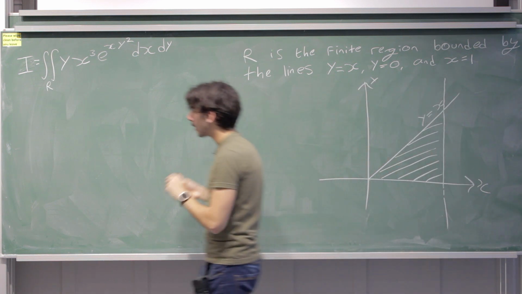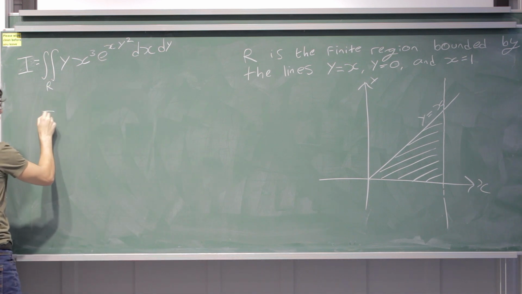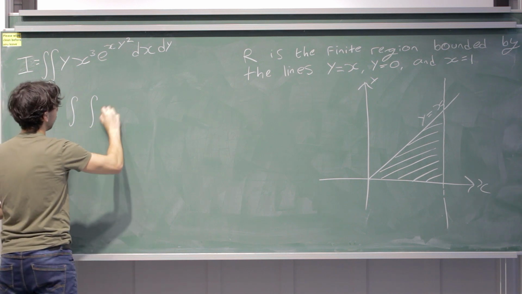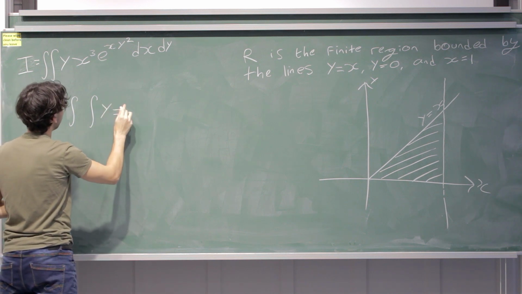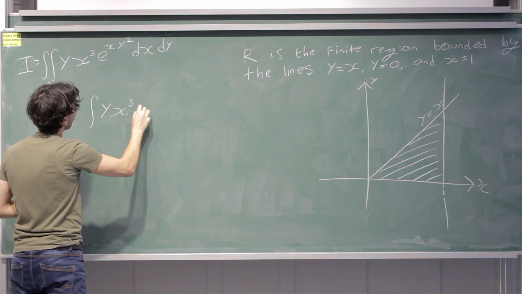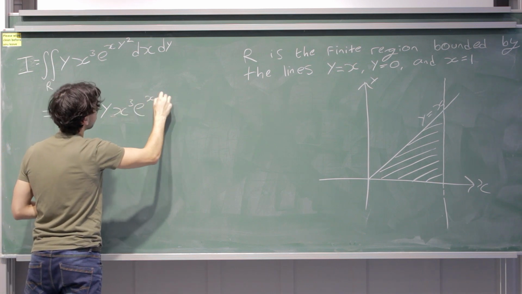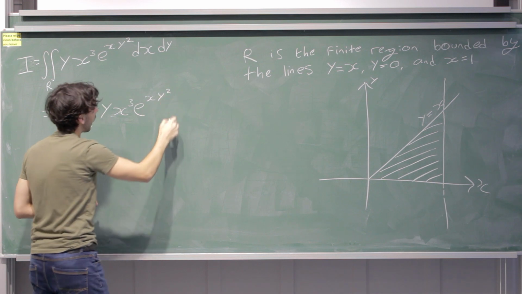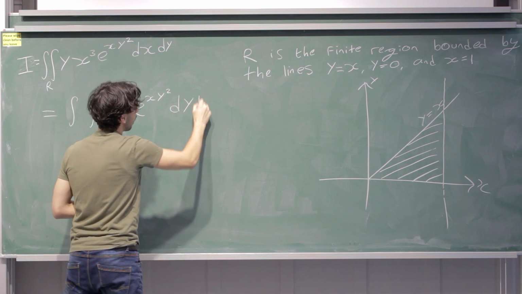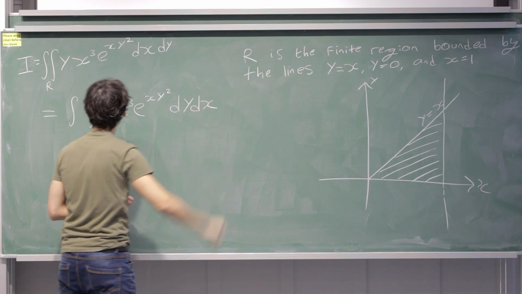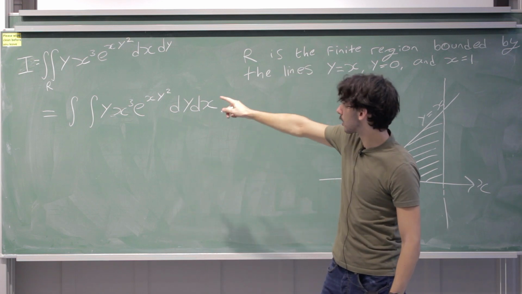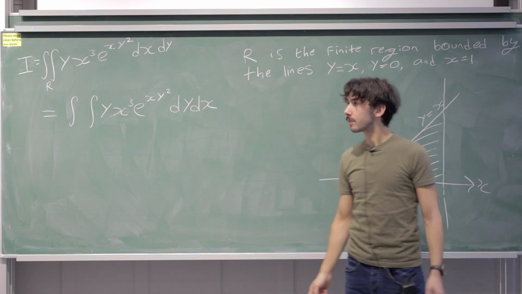So what we would really like to do is write the double integral of the integrand, y times x cubed e to the xy squared, and integrate it first with respect to y, then with respect to x. That's what we're aiming to do, because it's easier to integrate this function with respect to y first.